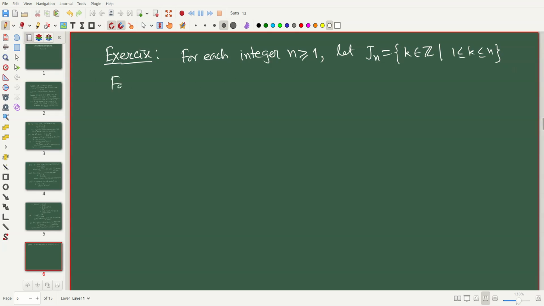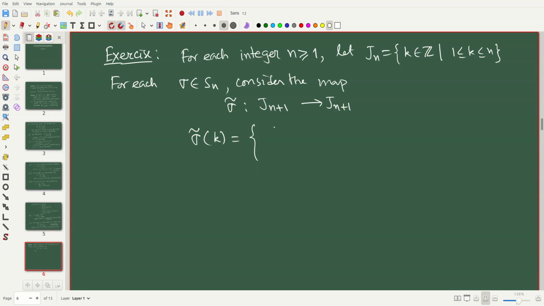Okay. Now for each sigma belonging to S_n, S_n is the permutation group of n symbols, consider the map sigma tilde from J_{n+1} to J_{n+1} defined by sigma tilde of k equal to sigma of k if k belongs to J_n, and we fix it if k equals n plus 1.